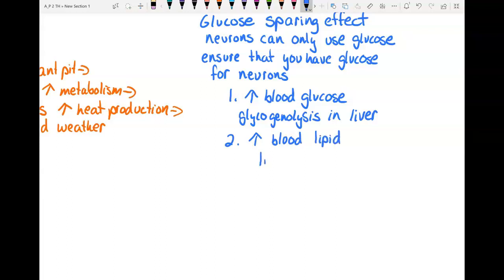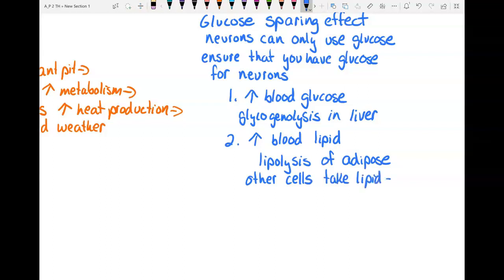You do this with the lipolysis of your adipose. If there's more lipid, then other cells will take the lipid and that leaves the glucose for your neurons.